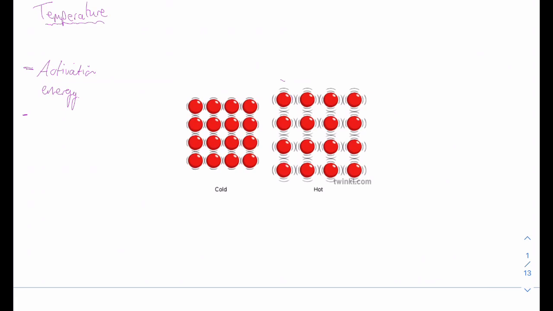These ones here are moving more. So if they've got more energy because they're a higher temperature, those particles are moving more, they're more likely to hit any reacting particles. So if I said this was the reacting particle and these have more energy, they're more likely to hit the other particle and form a product.